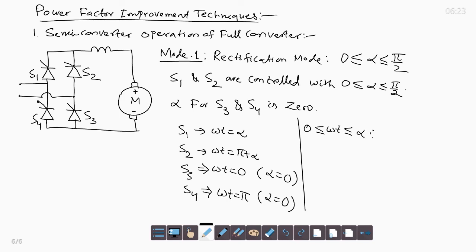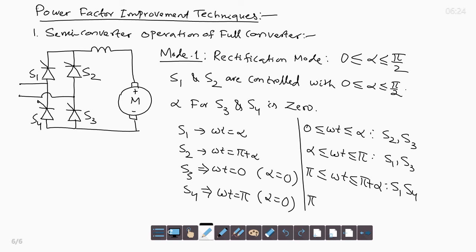Between alpha and pi, S1 starts conducting at alpha, so S1 and S3 conduct. Between pi and pi plus alpha, at pi S4 turns on, so S1 and S4 conduct. Between pi plus alpha and 2 pi, S2 and S4 conduct.